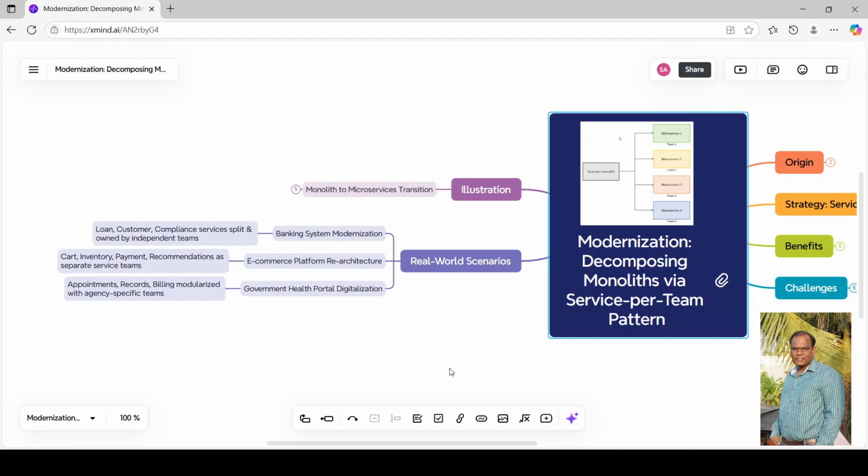So they all can stay as independent services, handled by specialized teams. This helped meet regulatory updates faster, and it has also isolated risk in mission critical modules. So that's how banks can benefit using this system modernization.